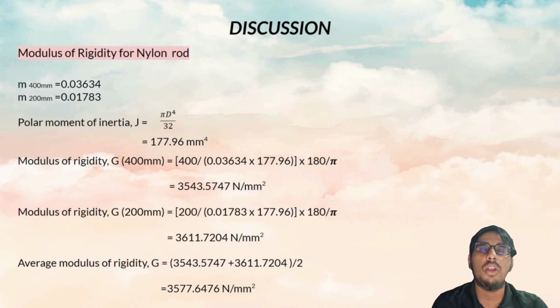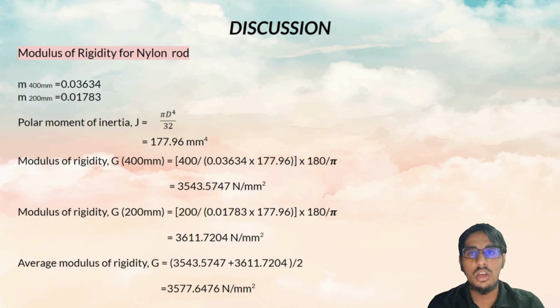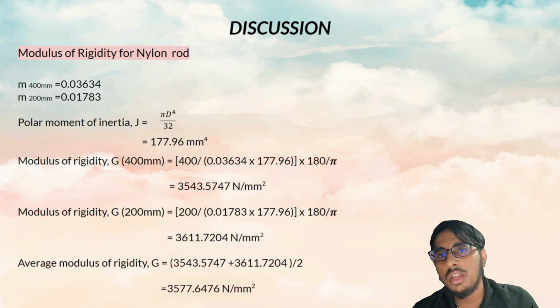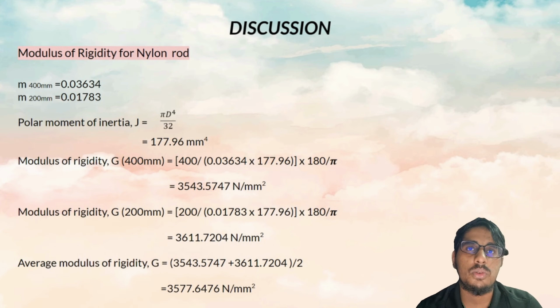Then calculate the polar moment of inertia, which is 177.96 mm to the power of 4, and then calculate the modulus of rigidity for 400 mm, which is 3,543.5747 Newton per millimeter square, and then the modulus of rigidity for 200 mm is 3,611.7204 Newton per millimeter square, and then the average modulus of rigidity is 3,577.6476 Newton per millimeter square.